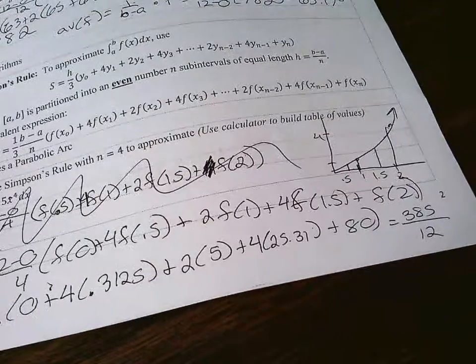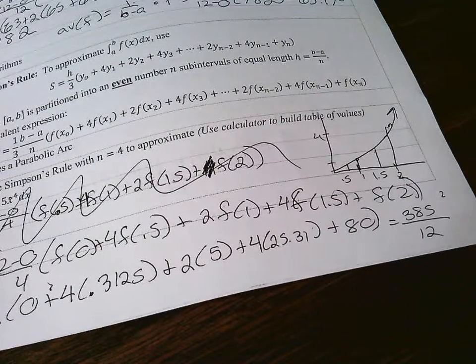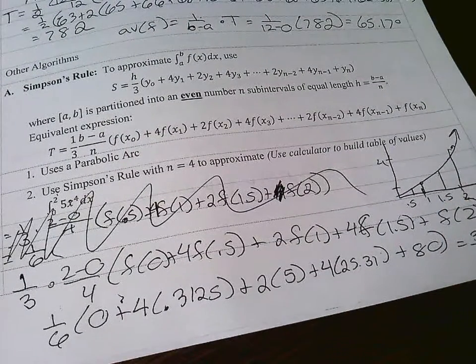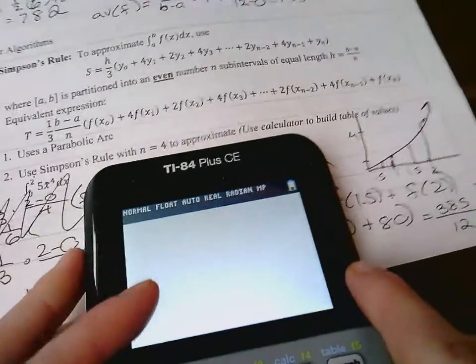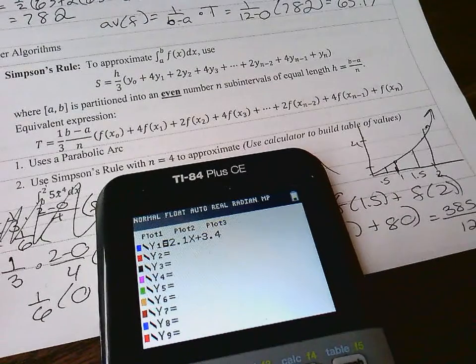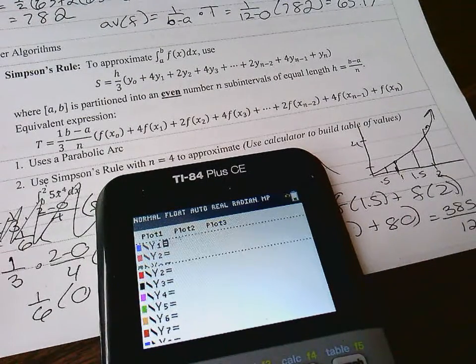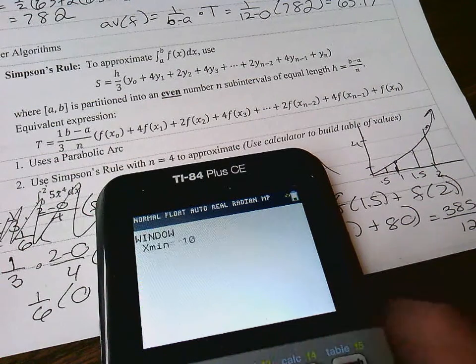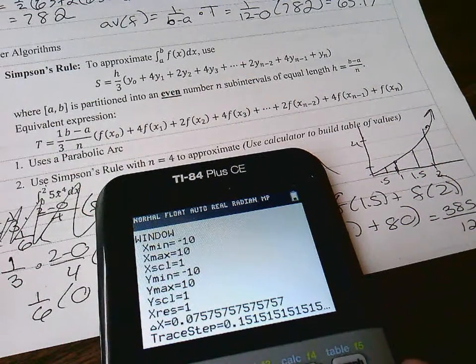Now in this next one, we're going to use a table, which you can also do. Another way you could have done that one: y equals 5x to the 4th. Go to window, or probably a table setup would be better.